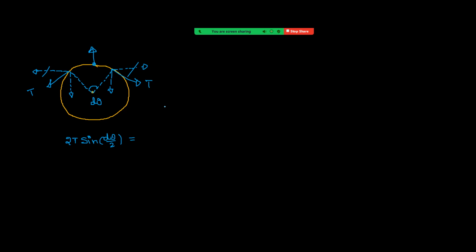This is equal to the magnetic force, F bar, that is equal to I into L bar cross B bar. Here you can see the field is into the paper. The direction of L bar is the direction of current. In this element, it is right side. Current is I. Between L bar and B bar the angle is 90.